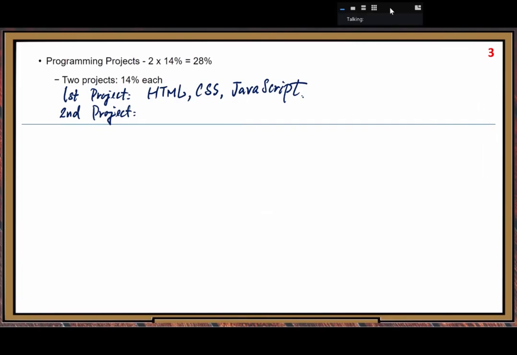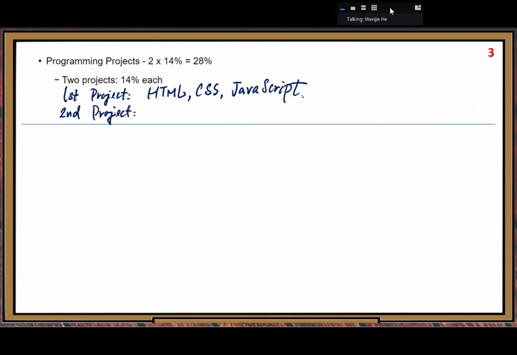In that way, we practice the 3 basic knowledge blocks for web programming, so even beginner students who are just learning can do it. So that's the first project. No database related, just preparation for web programming.